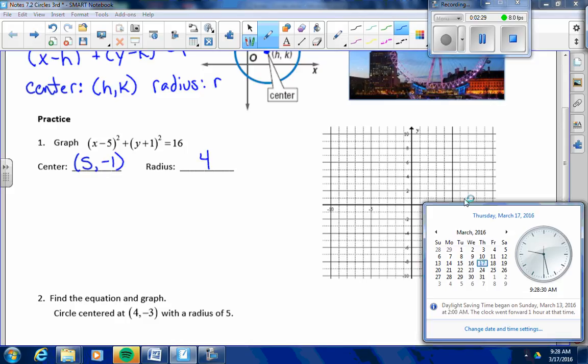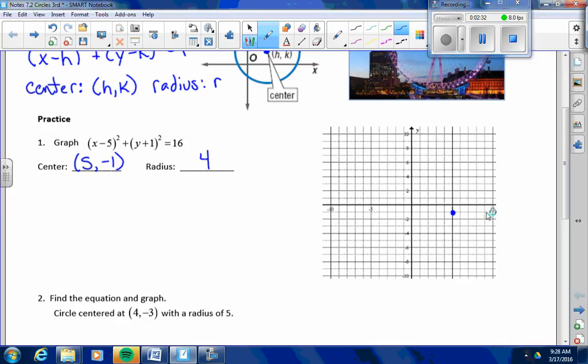From the center, we go out a radius of 4 units in every direction. And then we give it the circular curve. And we have our circle. Questions?